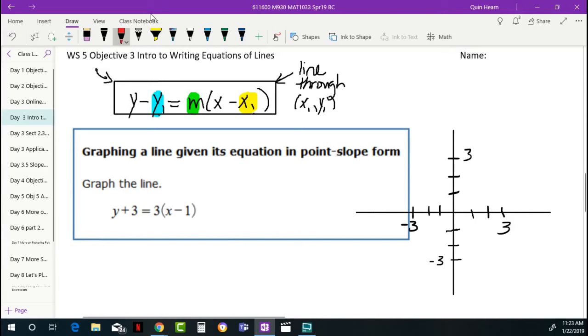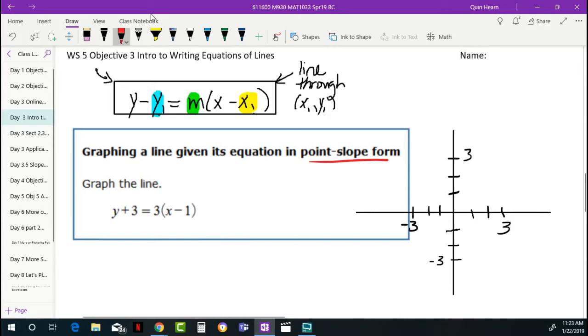And there's nothing wrong with that. But the intention of the authors who wrote the questions in Alex was for you to do something different, to recognize that this fits the point slope form. See how the topic is graphing a line given its equation in point slope form? So there's nothing wrong with rearranging this to graph it, but notice you don't have to.